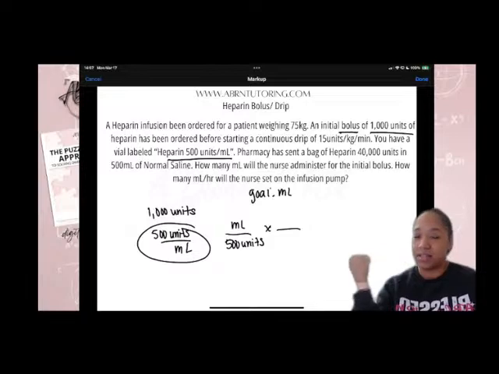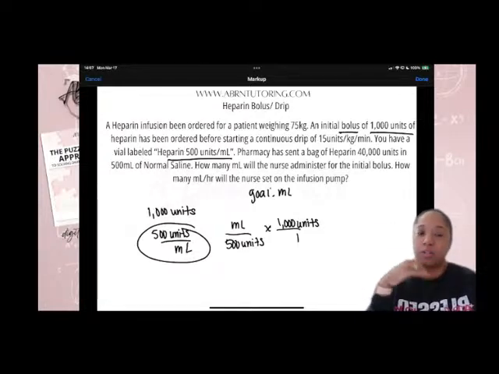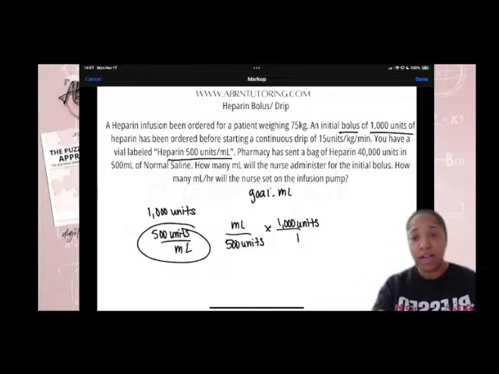So we'll cancel out our units with our other units. And because it's by itself, we'll keep it by itself. Everything doesn't have to equal something when you have these dosage problems, okay? So now that we're just left with milliliters, we can do the math.